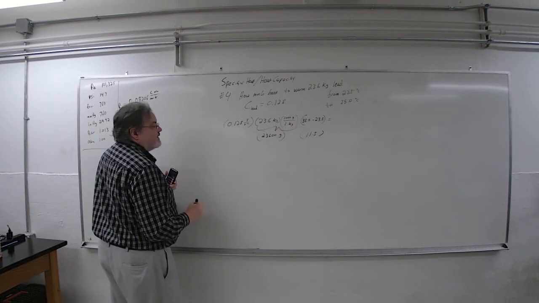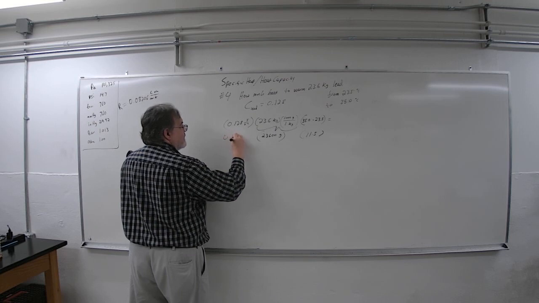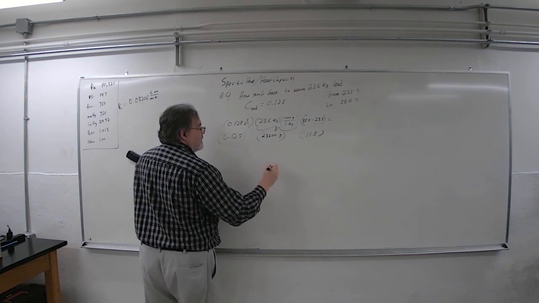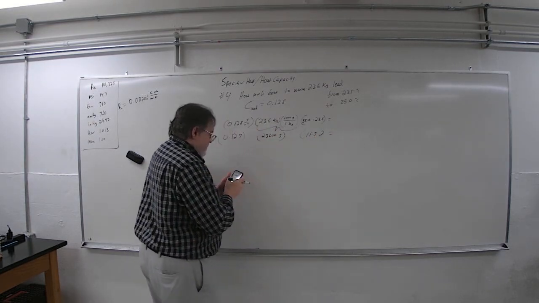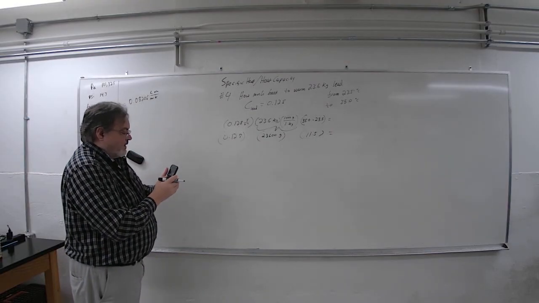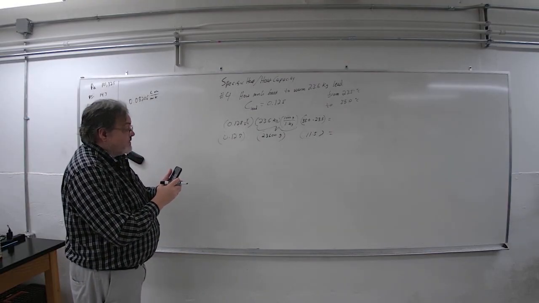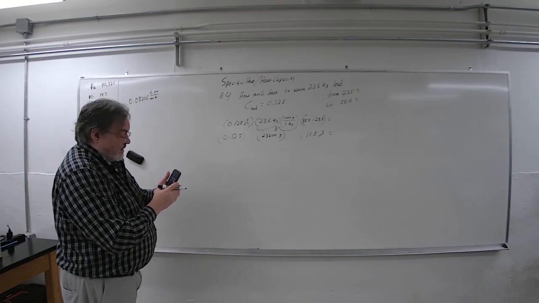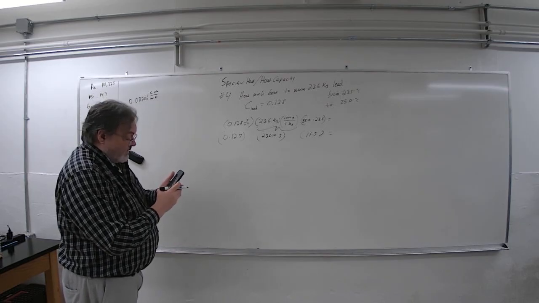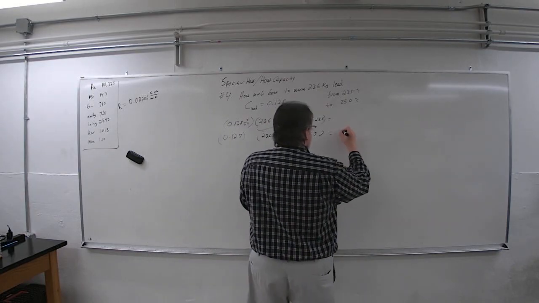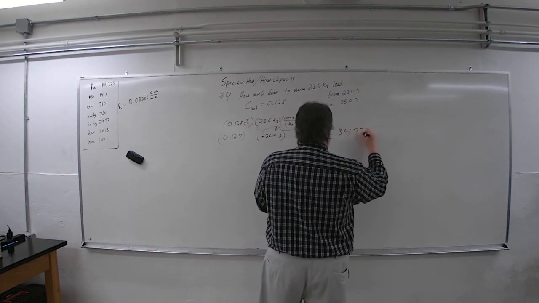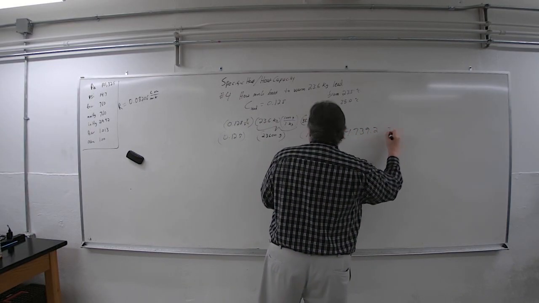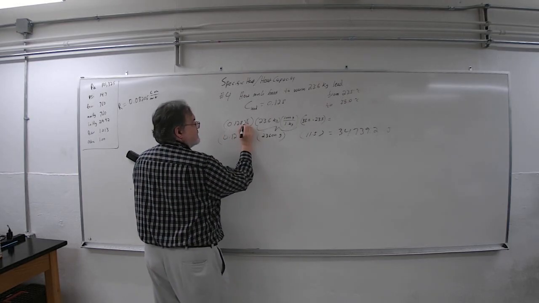So that's that. 0.128 times 23600 times 11.5. The calculator says that'll be in joules, because this is joules.